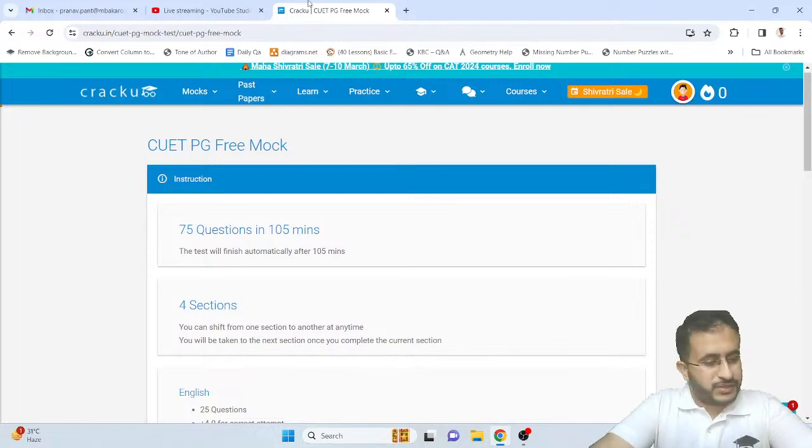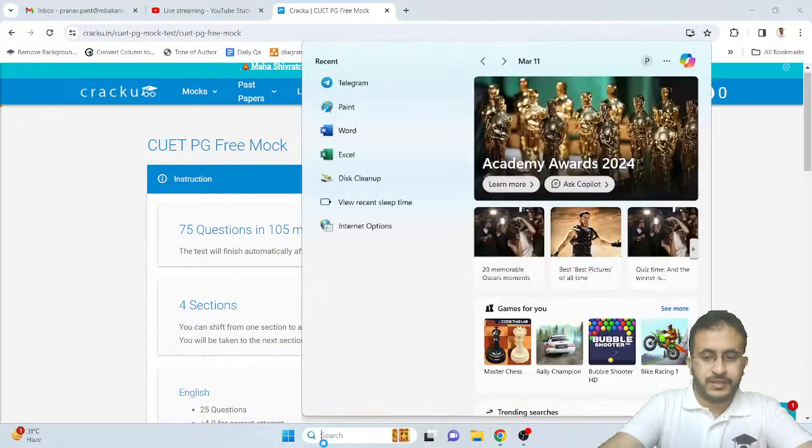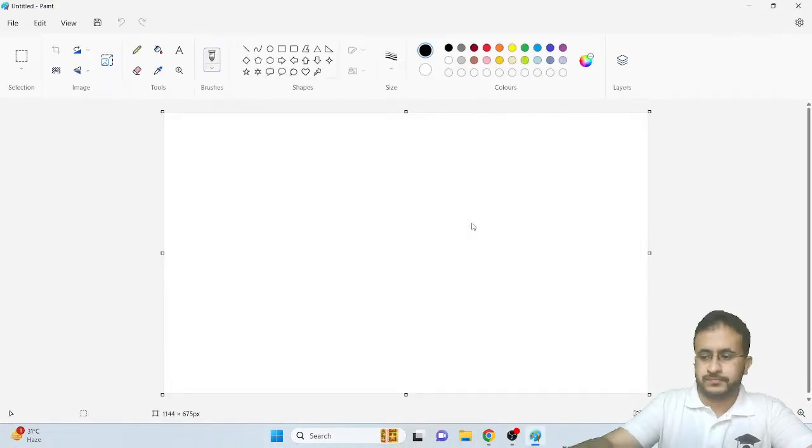Okay, so shall we start? Please comment "start" if you want me to start the test. So first few things to check: can you see the screen? I guess I can see the screen. I'll just open Paint also and see if it is working.